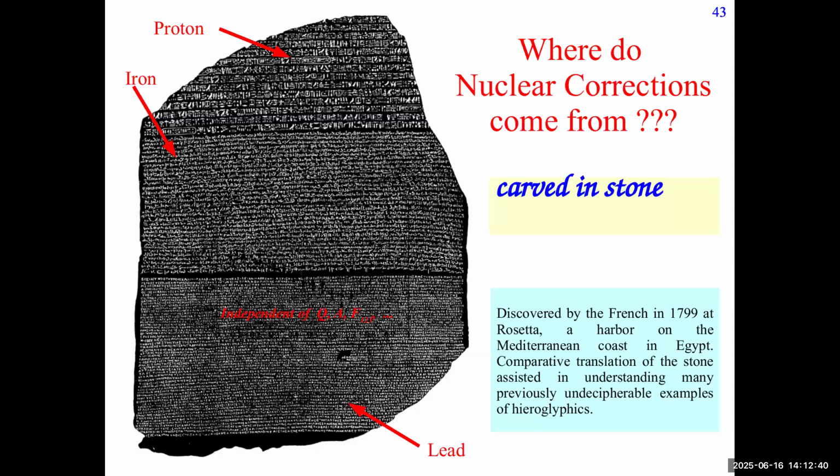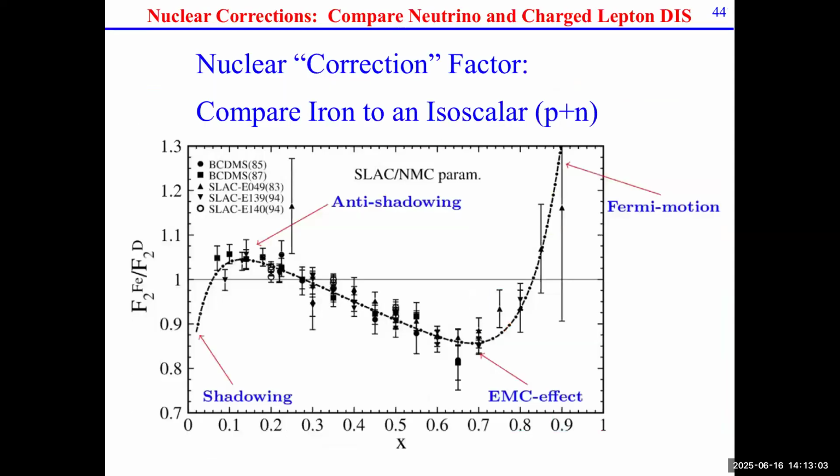And so, if you're going to do this on iron or lead instead of a proton, maybe the distributions are different in iron and lead than in a proton, and you have to account for that. Now, there's one rumor about where the nuclear corrections came from. Somebody said that they dug this up at Fermilab and it's got proton, iron, and lead data, but I don't know if that's true or not.